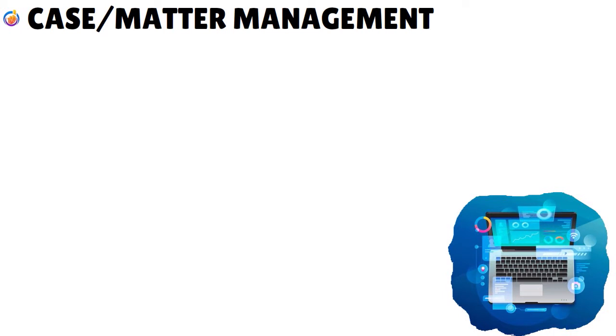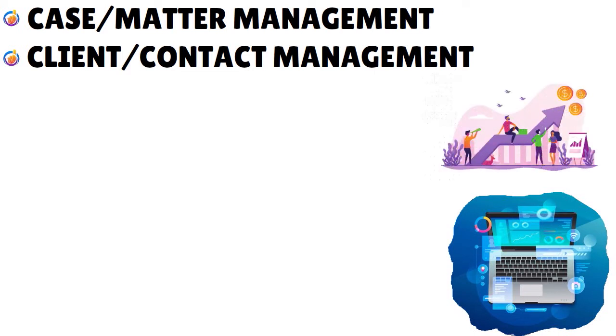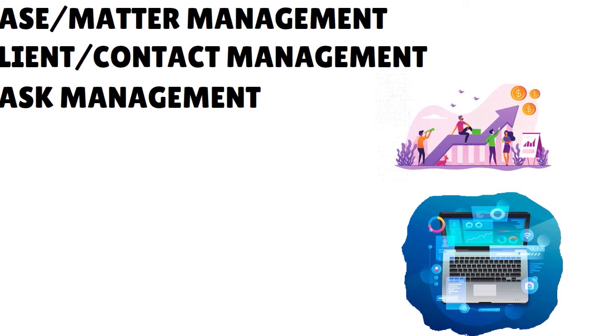You also have client or contact management. So you can use Filevine very appropriately to manage clients and other contacts so that you can focus on increasing billable time for your law practice management. You have task management, which is another functionality within Filevine, which is really great. When we talk about task management, we are talking about activities that can be associated with cases or a matter and can be assigned to different lawyers.